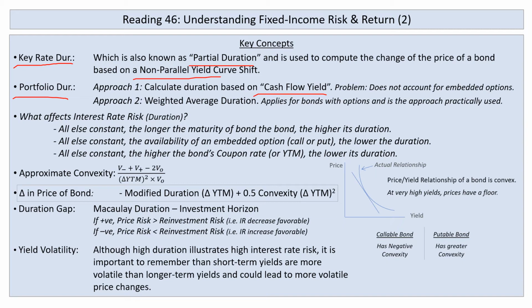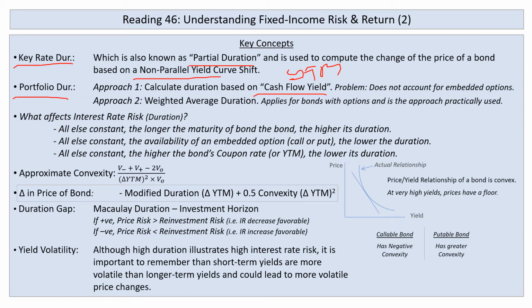The cash flow yield would be the YTM of the bond, and you would use that cash flow yield to compute Macaulay duration on your portfolio of bonds, and from there you can calculate modified duration by dividing Macaulay duration by 1 plus cash flow yield, in this case, not YTM, because cash flow yield reflects all the cash flows of the bonds you have within your portfolio.